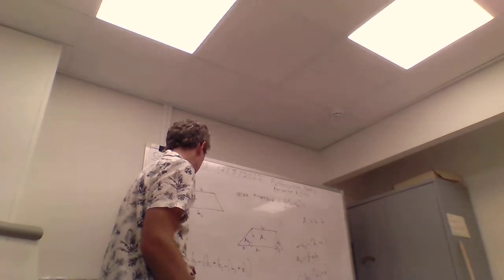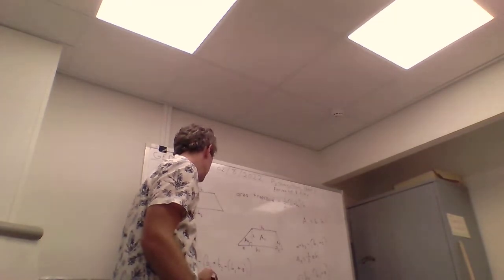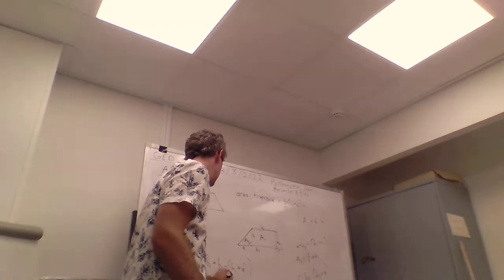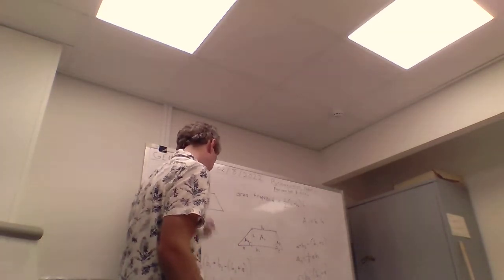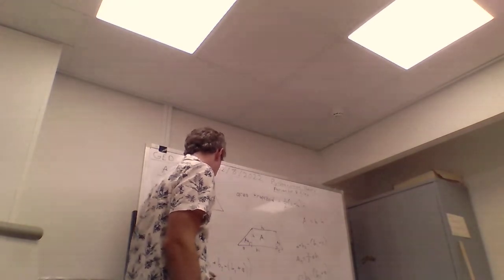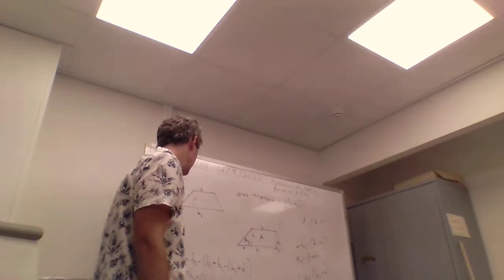First we do this bracket: minus B1 plus B2 minus B1 minus A. So then A equals B2 minus B1 minus B2 plus B1 plus A. I'm just going to get A equals A.